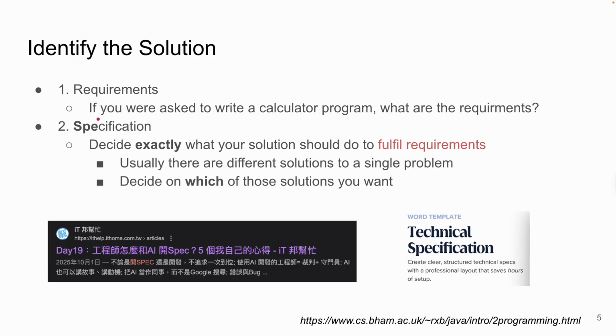The specifications help us decide exactly what your solution, what your program, should do to fulfill the requirements. Because usually there are different solutions for the same problem. You can achieve the same output by different paths.